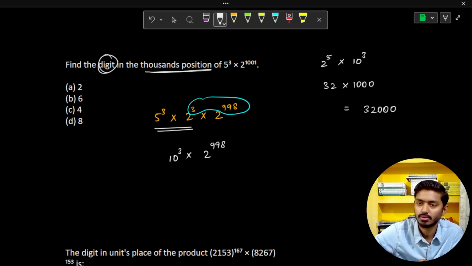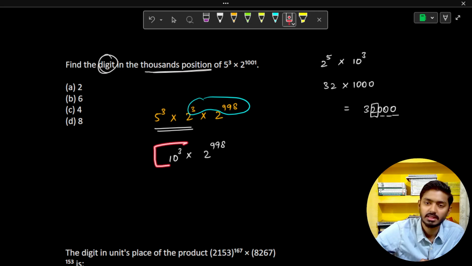So the positions would be ones, tens, hundreds, and thousands, which would be 2. So as a matter of fact, even if we would not have multiplied it by 1000, we would have gotten 2 as our thousandth position digit. Similarly, there is 1000 over in here. We are not going to talk about this. We'll just use this and get the unit digit for this one. That would be the thousandth position digit of the entire number.